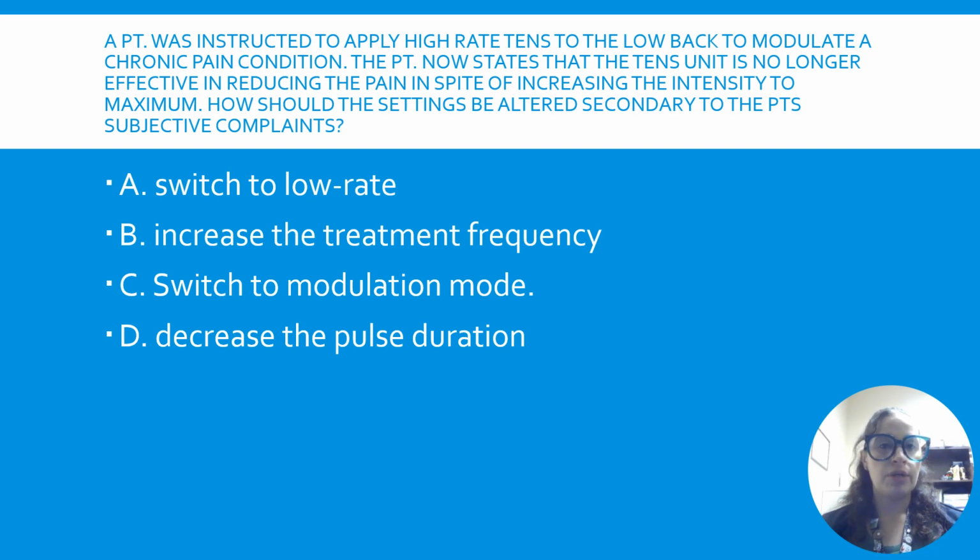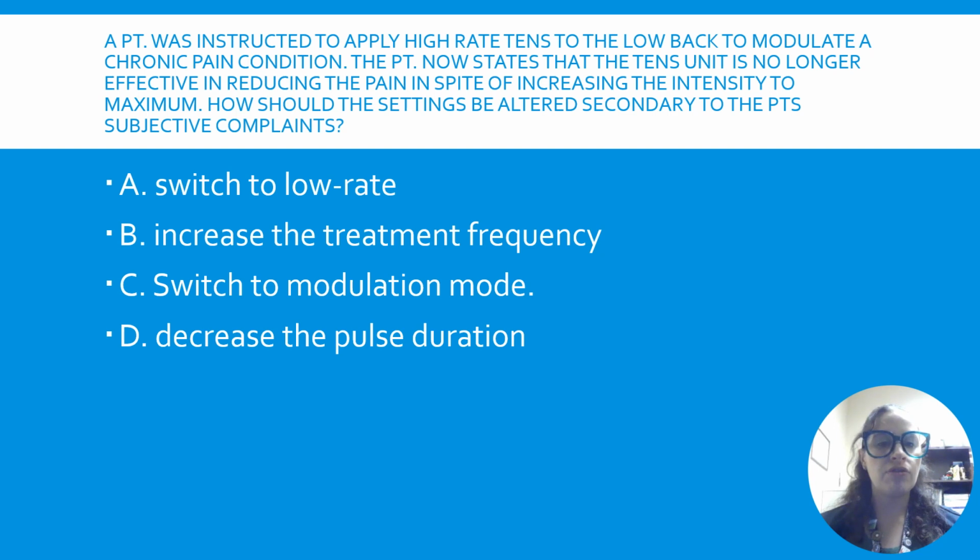I'll give you a tidbit here. B, C, and D are all saying the same thing. If you remember what modulation means, it means to change a parameter to see if the patient can feel it again, right?